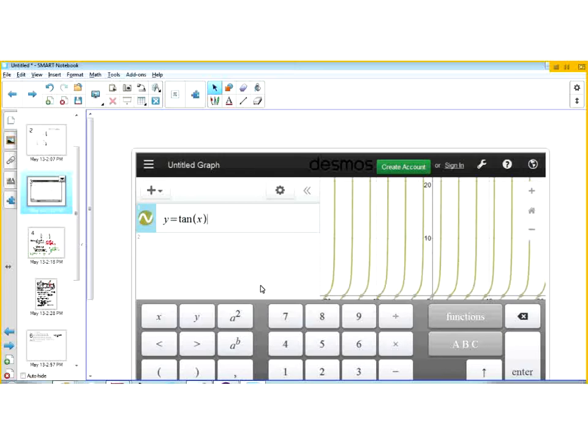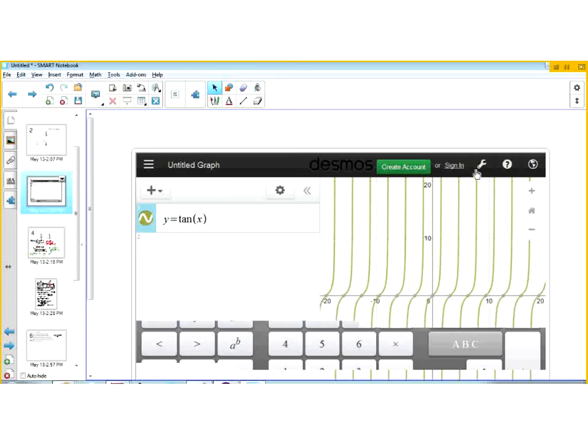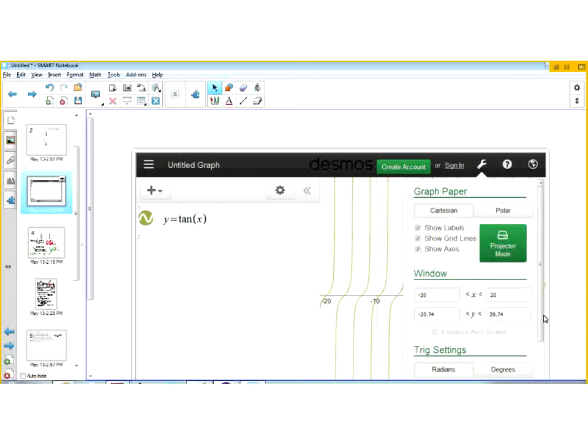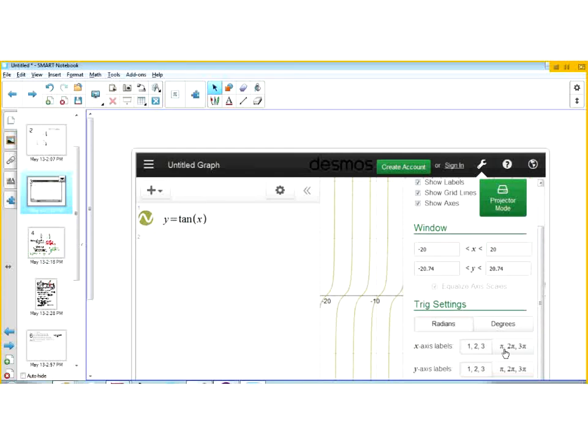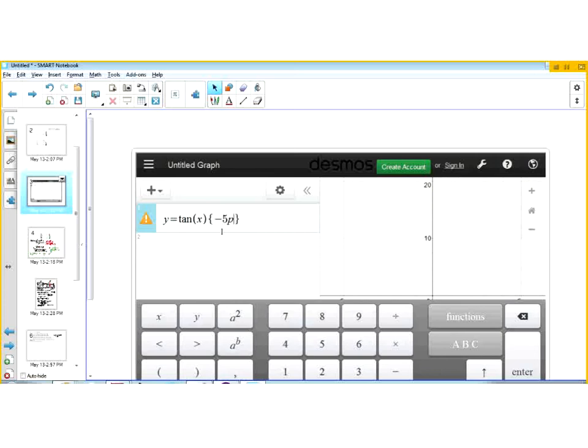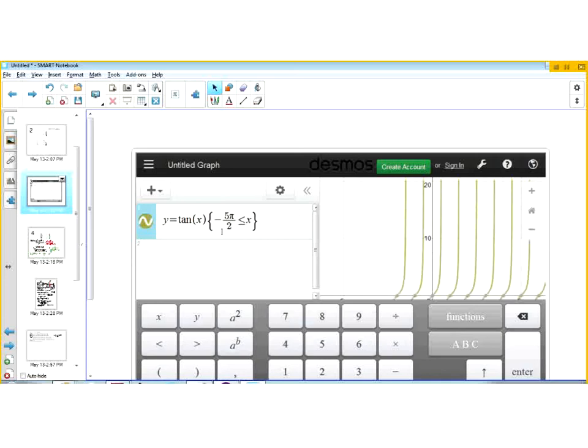Let me set my window properties so that the x-axis is in terms of pi. Let's say negative 5 pi over 2 less than or equal to x less than or equal to 5 pi over 2. So let's just plot the tan function on this interval.